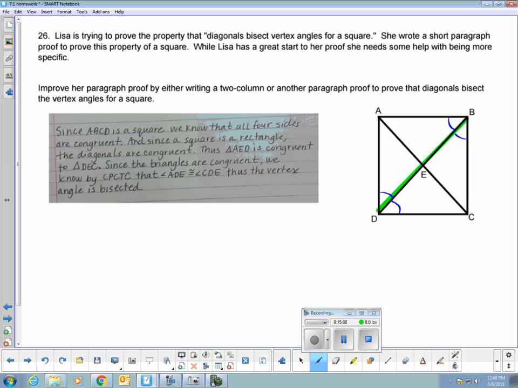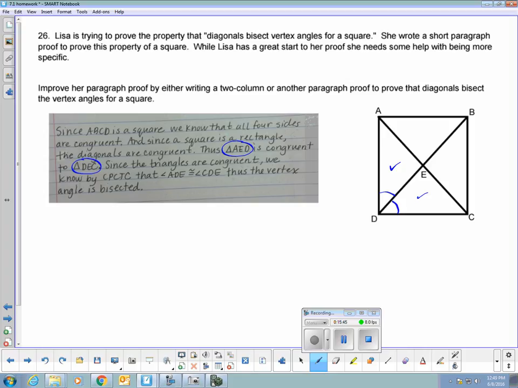To prove that, she can say that these two parts, which are corresponding parts, and if she can prove that those two triangles are congruent, then those two corresponding parts are also congruent.